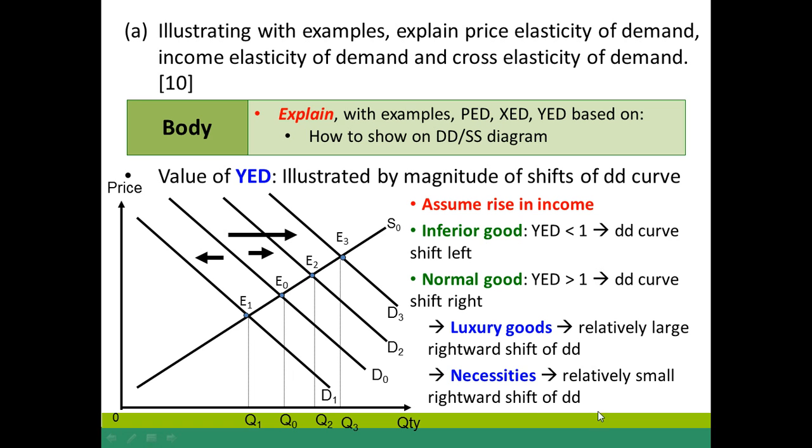So necessities have demand which is not very responsive to income changes. So even if there is a rise in income, it only sees a small increase in demand. Okay, therefore there is only a small shift to the right from D0 to D2.